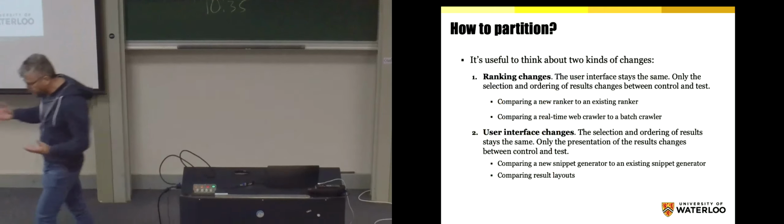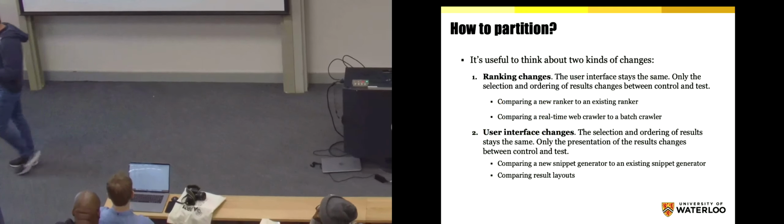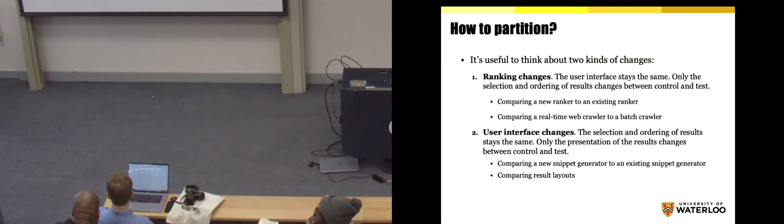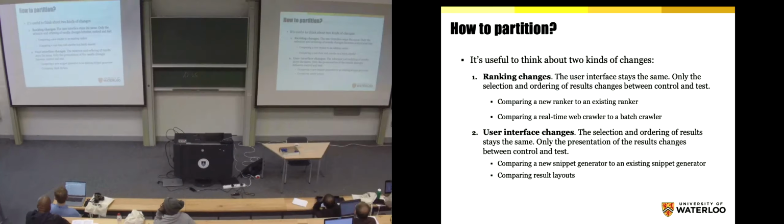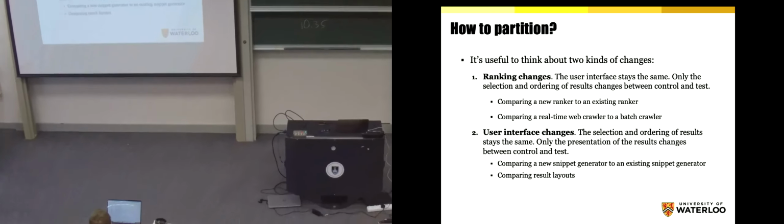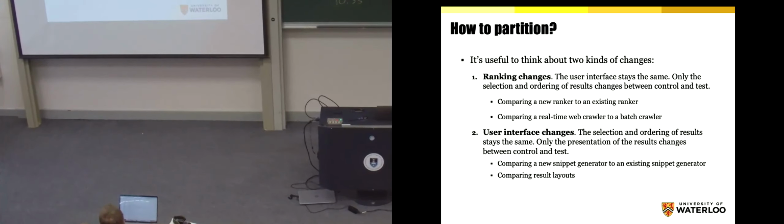So what we're going to do is take our change and partition the query stream from all millions of people, billions of people using our system. We're going to partition it into 2 pieces, the people that get A and the people that get B. I'm going to make a distinction here based on experience where we're going to have 2 kinds of changes.